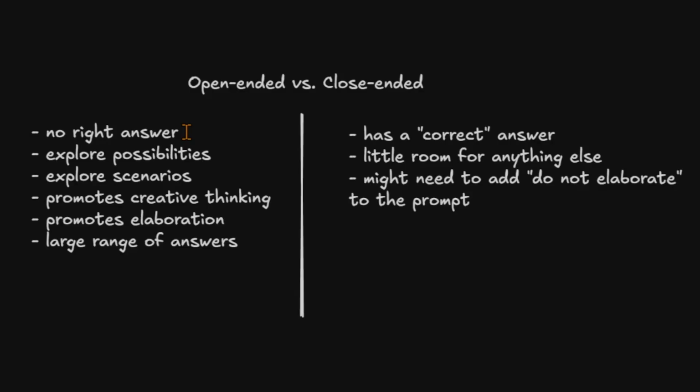And because of that, they basically encourage the model to explore possibilities, to explore scenarios. It tends to promote creative thinking a lot more. It promotes elaboration, and it usually has a large range of answers. So that's the kind of question or instruction you want to give if you want a creative answer.